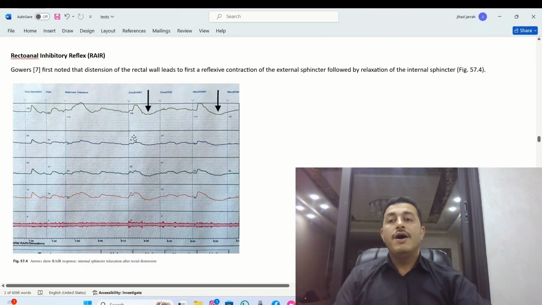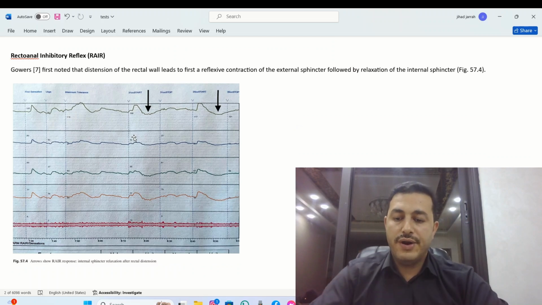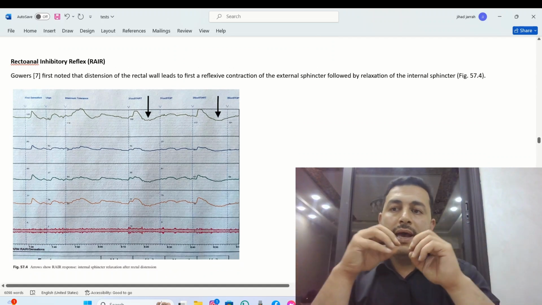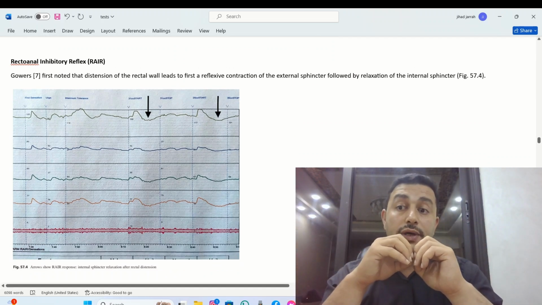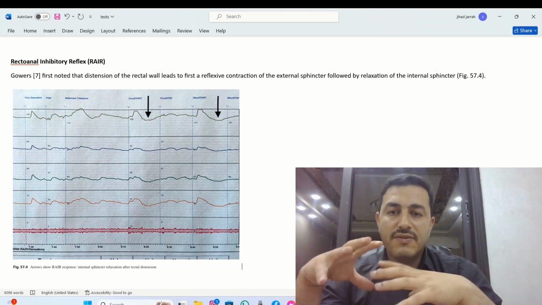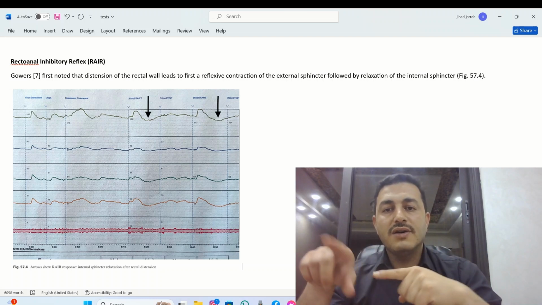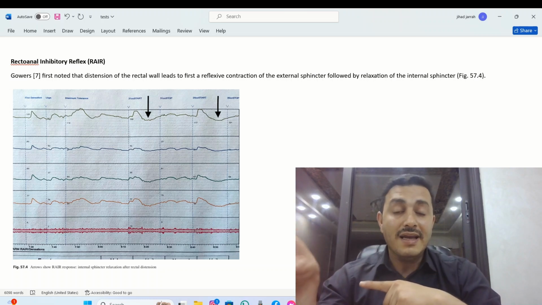Let's go to the rectoanal inhibitory reflex, the RAIR. The rectoanal inhibitory reflex was actually discovered when we started using anal manometry.